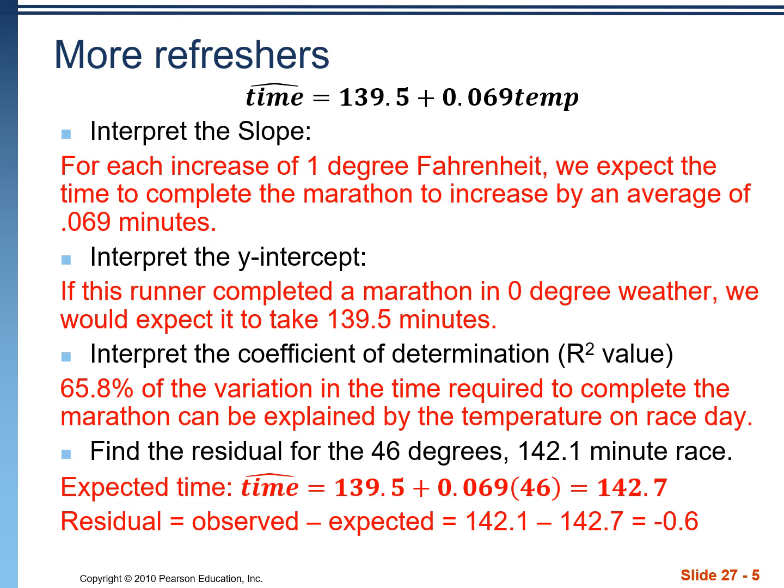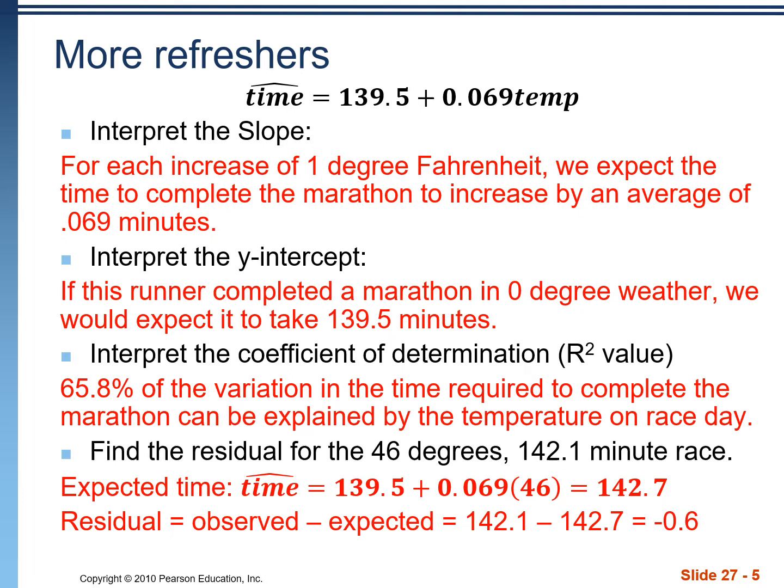A few more questions you should be familiar with regarding regression. When it comes to interpreting the slope, we always say something like this. For each increase in 1 degree of Fahrenheit, we expect the time to complete the marathon to increase by an average of 0.069 minutes.